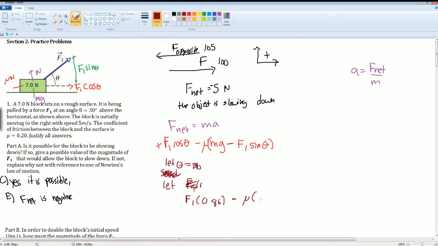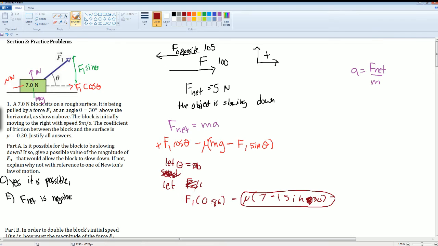So this is 7 newtons minus F1 sine of 30.